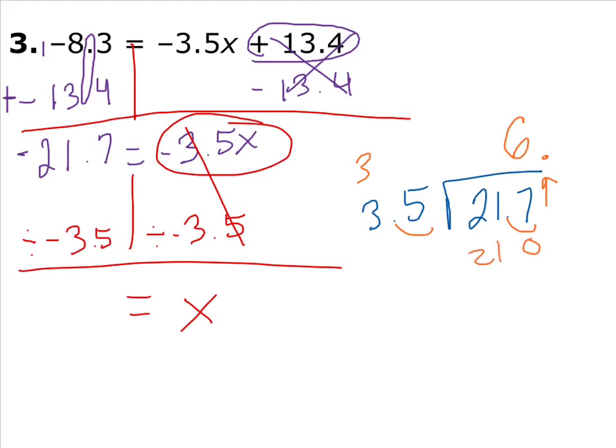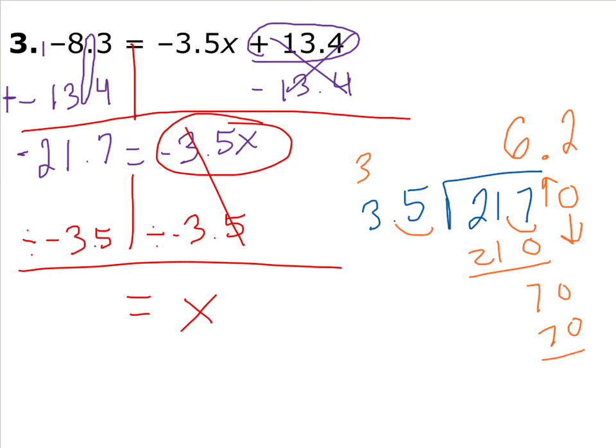That gives me 210, which is pretty close. I'll subtract, bring down my 7. Alright, I have to drop down my 0. 35 goes into 70 2 times, and that gives us our 70, so we're done there.